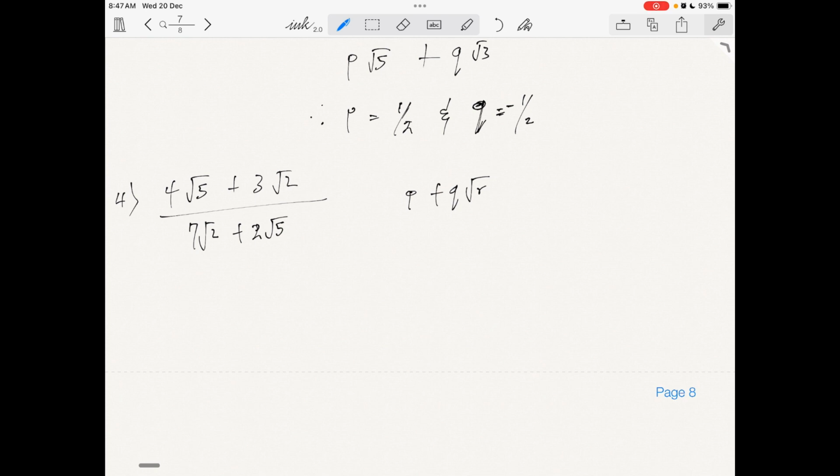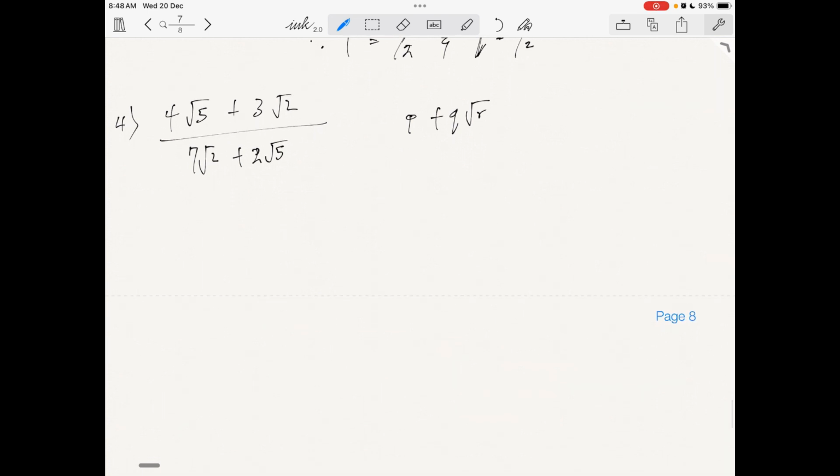All right, so in this format, all we have to do as usual is to multiply the numerator and denominator by the conjugate of the denominator.